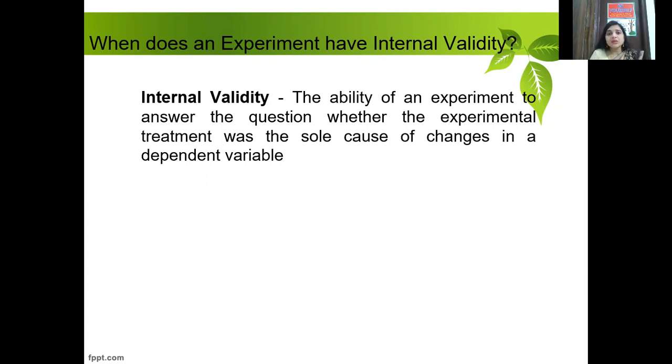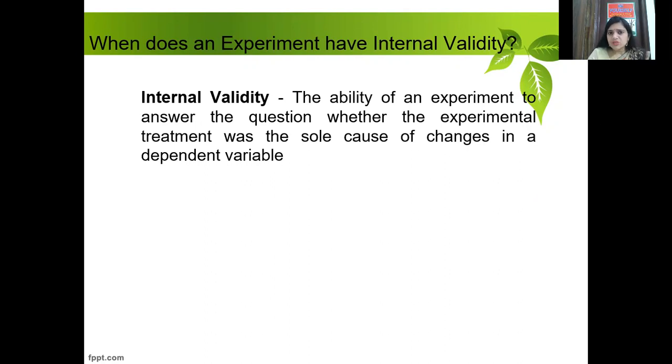This is something you are trying to check, whether actually the distortions done by you, or maybe the control provided by you, was the sole reason to change the value of the dependent variable, or there was something else. So there are so many methods to check internal validity. We will be covering this in another video.